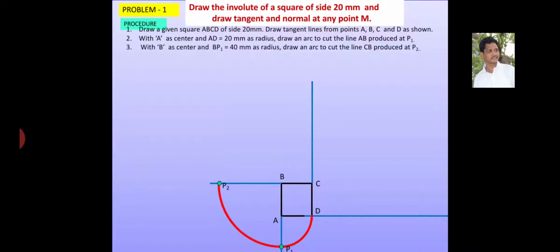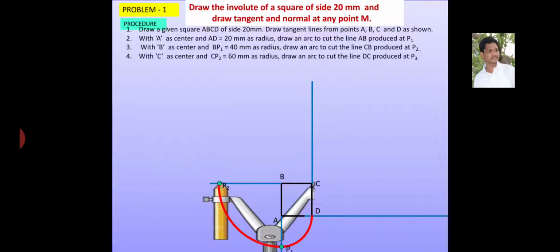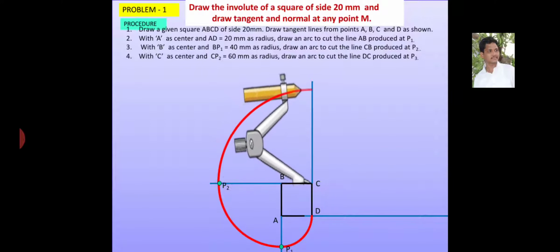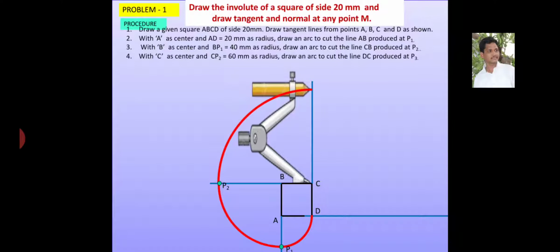Similarly, C as center and radius equal to CP2, CP2 equal to 60 mm as radius. Draw an arc to cut the line CD produced at point P3.